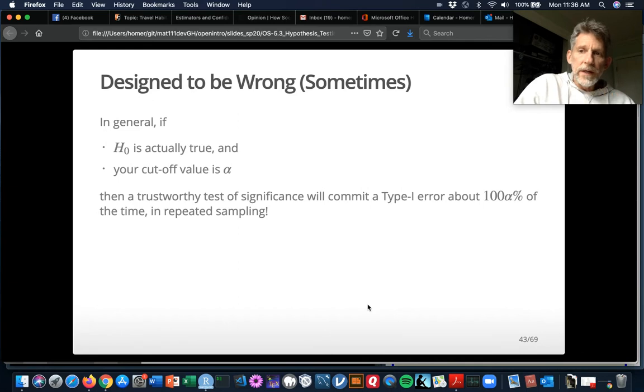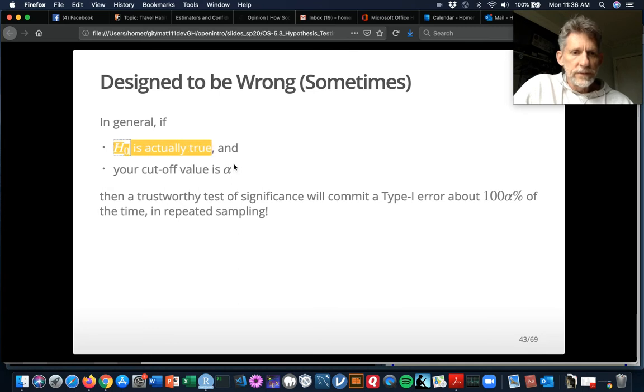It works for any level of significance, any cutoff value that you choose. If the null is true and your cutoff value is some fraction alpha, then about 100 times alpha percent of the time, you're going to commit a type 1 error.